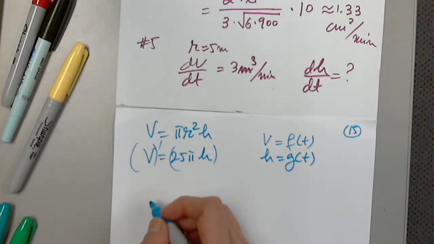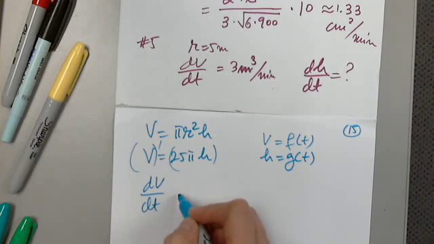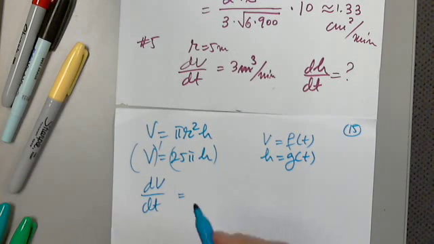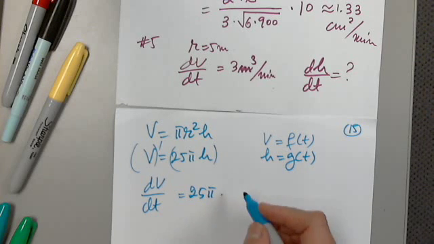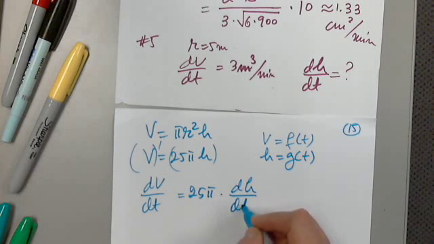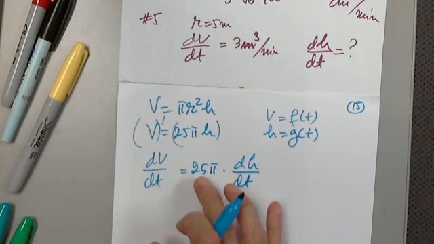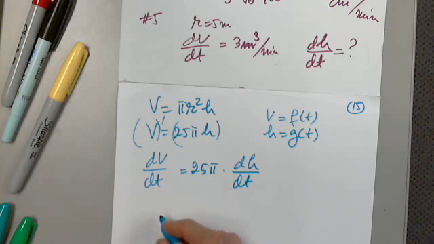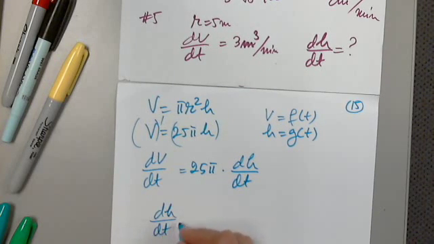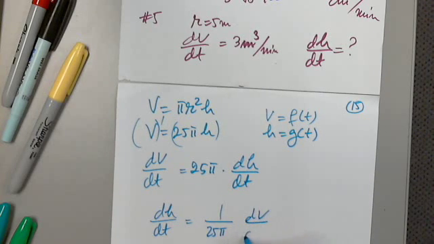So the left-hand side would be dV over dt, the right-hand side would be 25 pi times dh over dt. All we have to do is divide both sides by 25 pi. So dh over dt equals 1 over 25 pi times dV over dt.